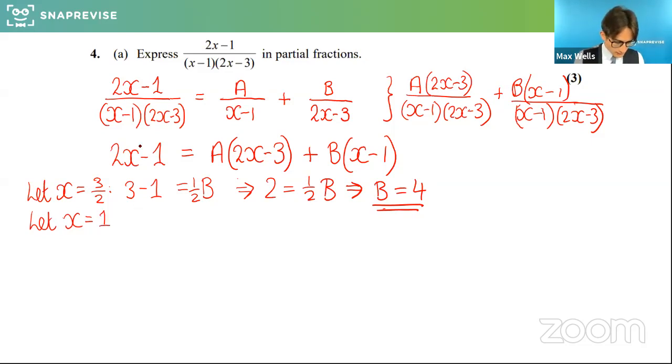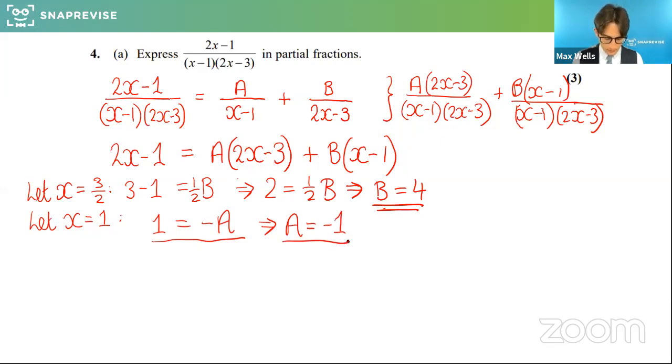And then on the left-hand side we'd get 2 times 1 minus 1, so you're going to get 1 is equal to minus a, because 2 times 1, 2 minus 3, is minus 1, minus a, and then for b, 1 minus 1 is 0. So if minus a equals 1, then that tells us that a is equal to minus 1, and we're done.